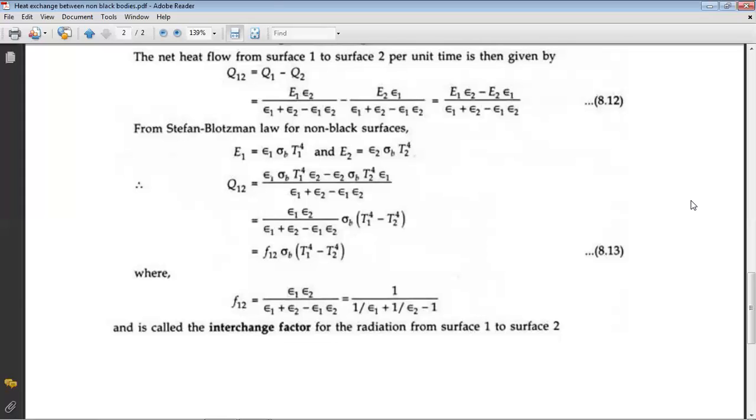To mention some of the properties of the shape factor, it is also called the view factor. Some authors refer to this as the geometric factor, but all are the same. To give you a simplified definition of the shape factor: if you stand on a surface and emit radiation, how much of it will fall on the same surface?